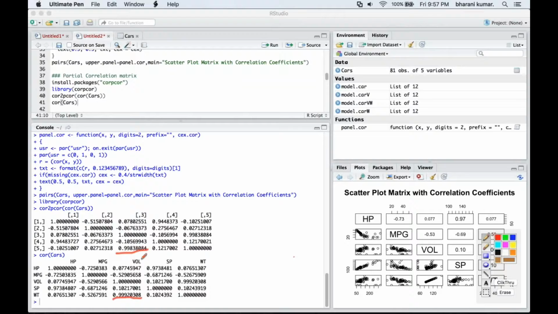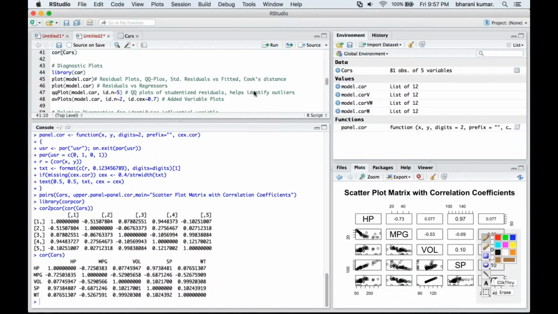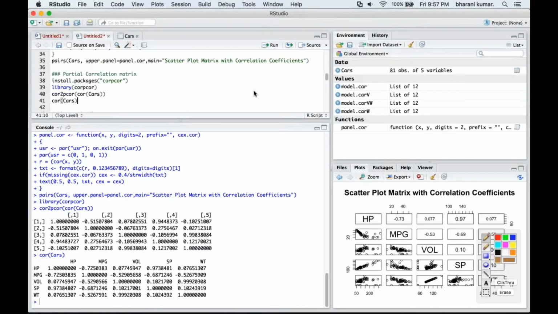So it's slightly decreased. That means even if you exclude the dependency of the other variables on the correlation between volume and weight, it's not changing significantly. That means there is some collinearity problem. Again, you have confirmed on that, right? But how to deal with?